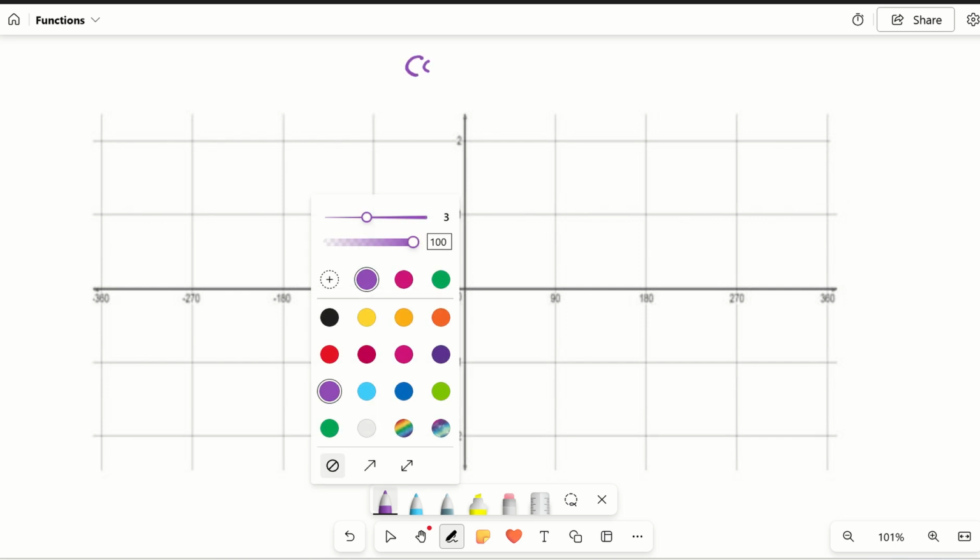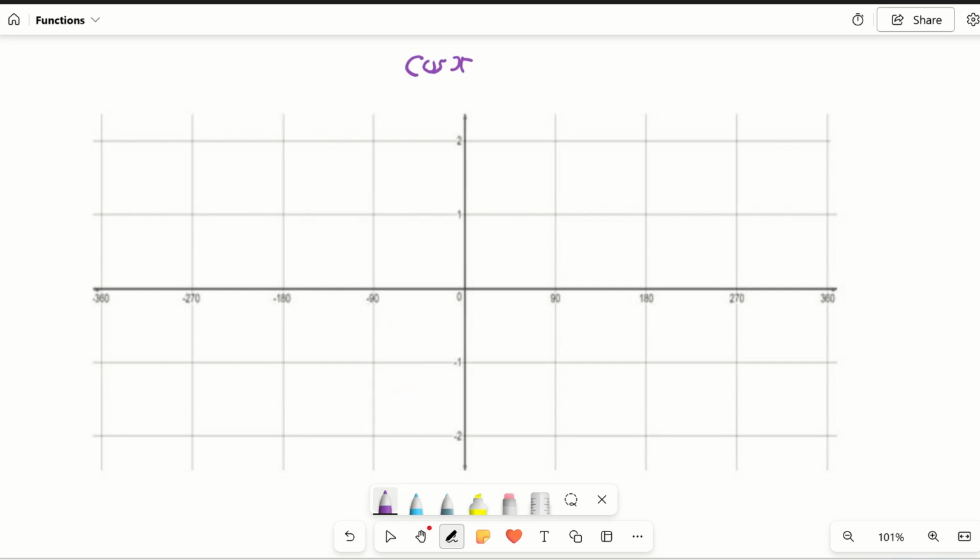The graph of cos x. How does it look? The graph of cos x crosses the y-axis at 1, it crosses the x-axis at 90, and then it turns at -1, crosses the x-axis at 270, reaches point 1 at 360.